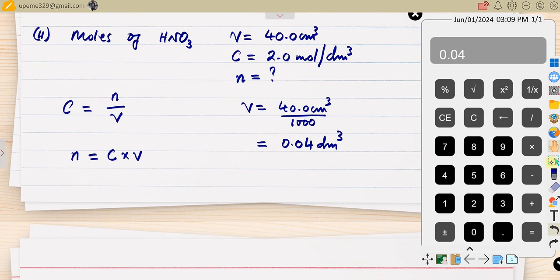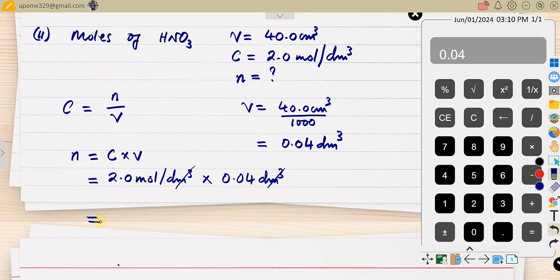So here we'll just now substitute. We'll say concentration C is equal to 2.0 moles per cubic decimeter. Then we'll put the times here. Then the volume, it is this one here, 0.04. Then we'll put decimeter cubed. So you see that this one and this one cancel, then you remain with that one.